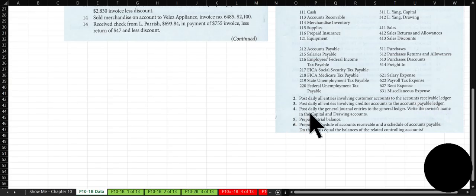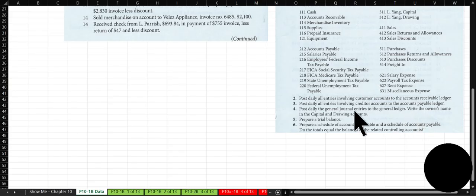And then we have to post daily the general journal entries to the general ledger. So you can see they're using the general ledger. All companies will do that, but they also have the specialized ledgers, or the subsidiary ledgers, I should say, one for their customers, which is accounts receivable, and one for their suppliers, which is accounts payable.